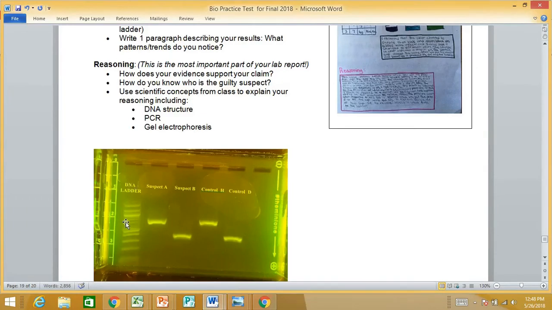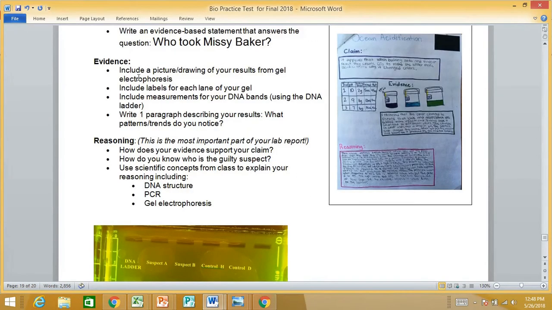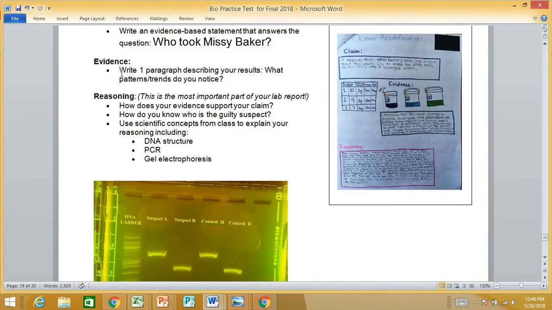So you're going to have the DNA ladder, suspect A, suspect B, control H, control D. You do need to realize what this means, okay? You're not going to include the picture and drawing because I've got that there. You don't have to worry about the labels. It's about writing a paragraph to describe these results.